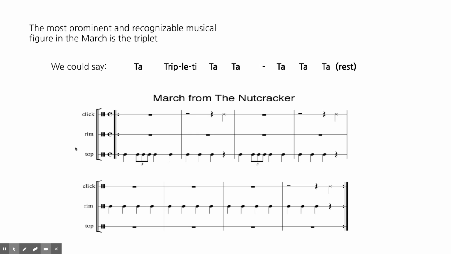So this might be an example of what drum music might look like. We have three sounds that we are going to create on our own. We're going to create a sound that's using the top of something, the rim, and then a click. Now you can use your desk to play on top of your desk with your hands. And then for the rim, you can play on the edge of your desk.